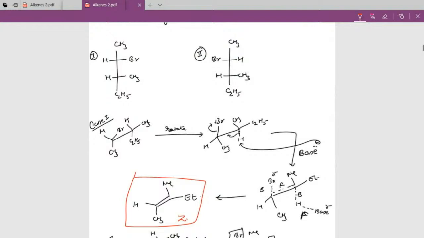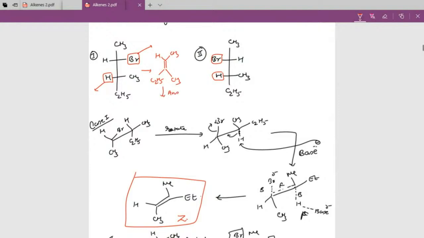A shorthand I use is if the two groups which are being eliminated in antiperiplanar arrangement are both on horizontal lines of the fissure, then just remove them, draw the alkene that would come in 2D without a second thought.